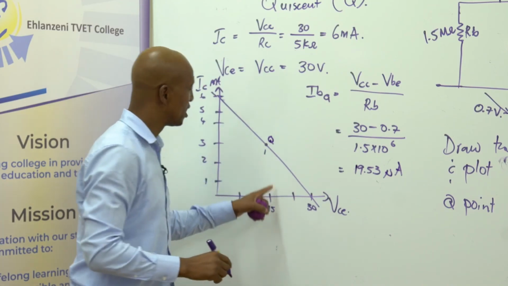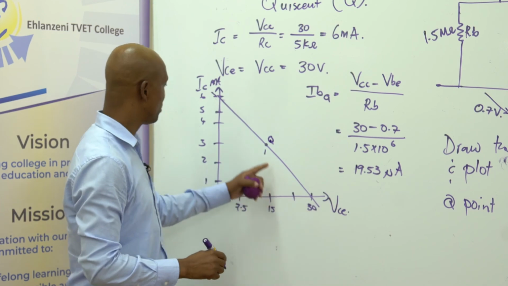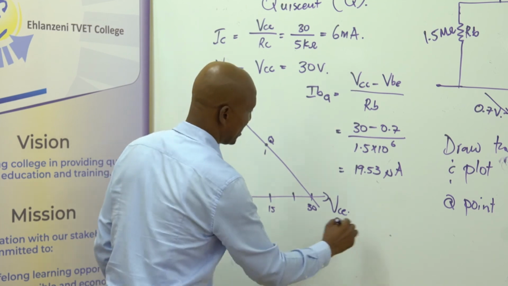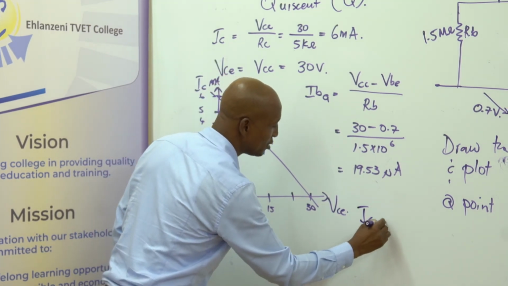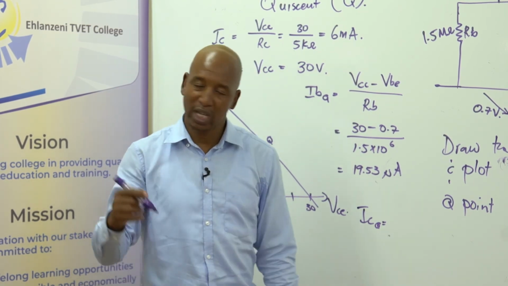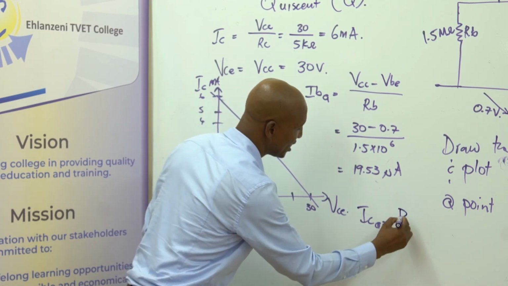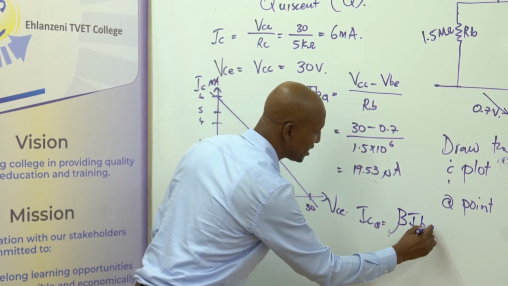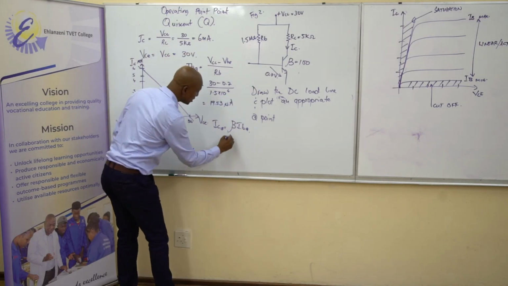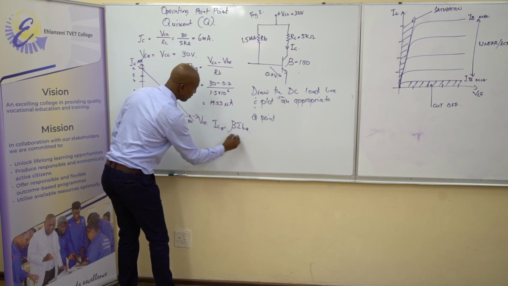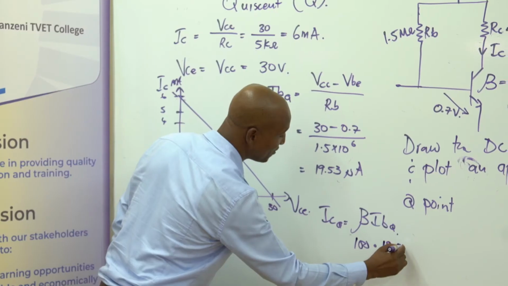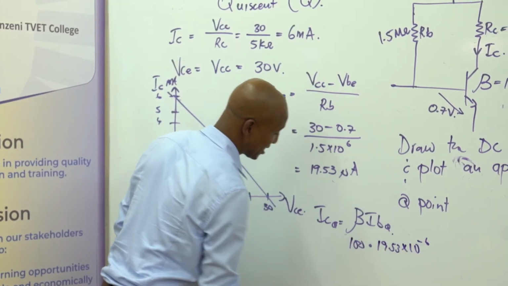We now know IBQ. This is our Q point, isn't it? We now need to know ICQ, where we shall say ICQ shall be equal to half of VCC, or we can use this formula where it will be beta times IB at a quiescent point. So remember, we are given beta to be 100, and we found IBQ to be 19.53 times 10 to the minus 6.